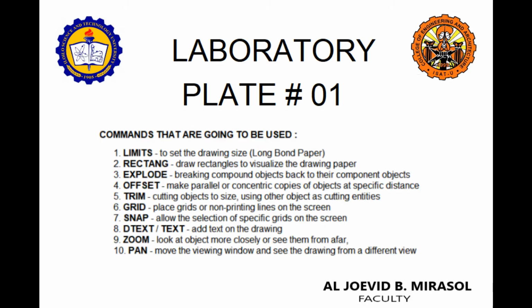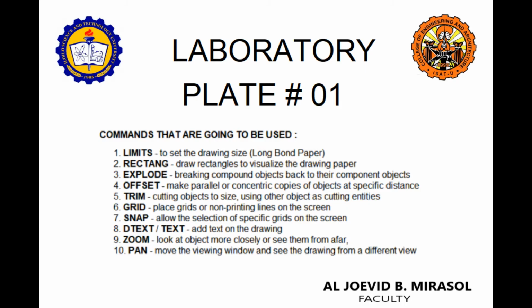This command is used to break down compound objects such as rectangles, arcs, blocks, etc. back into their component objects. Fourth command is offset. It is used to make parallel or concentric copies of objects at a specific distance. Fifth command is trim. Trim is used to cut objects to size, using other objects as cutting edges.